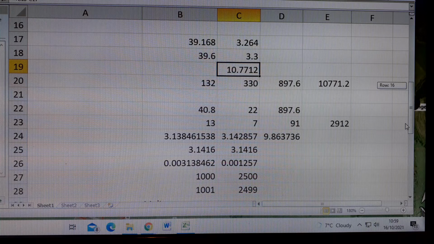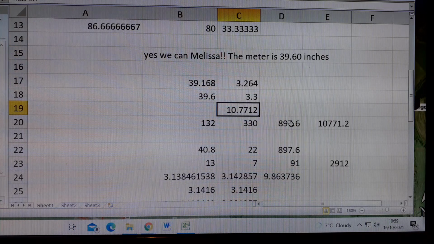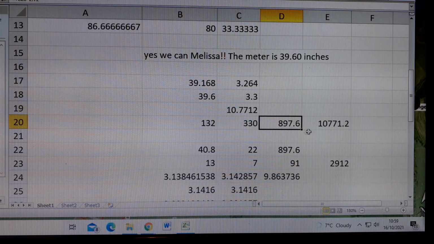And when we work out the Aubrey circle in inches, we get 1077.12. So we can see the 2 meters are working together there. And we can take any meter we want between these two at the Aubrey circle and adjust pi accordingly.